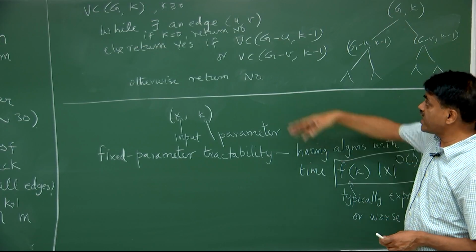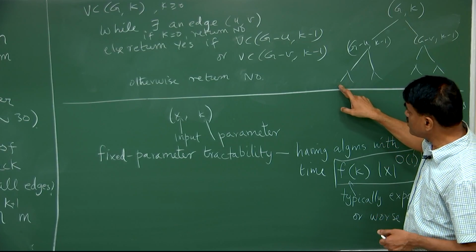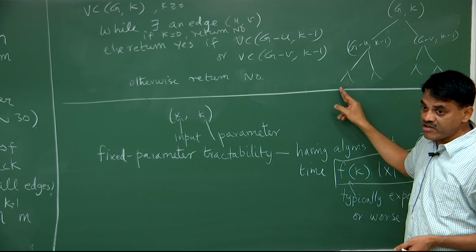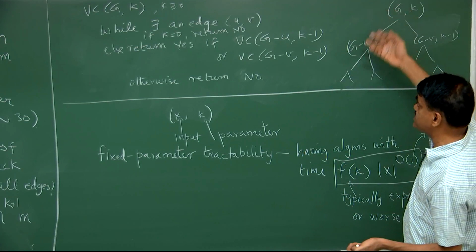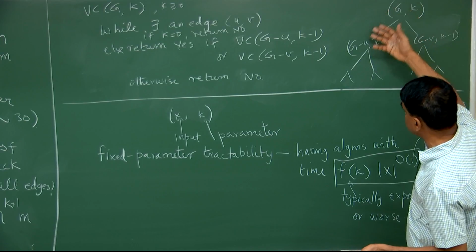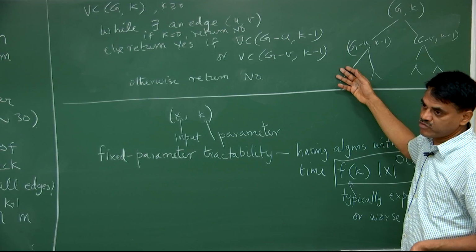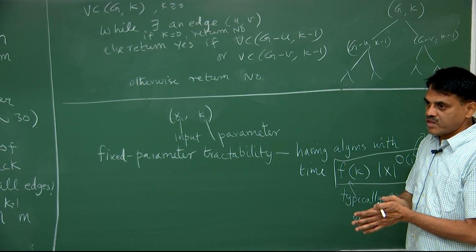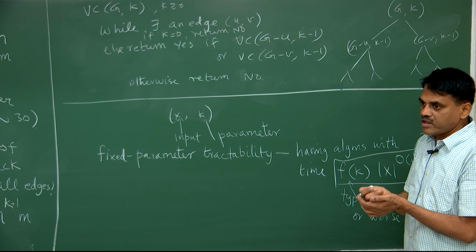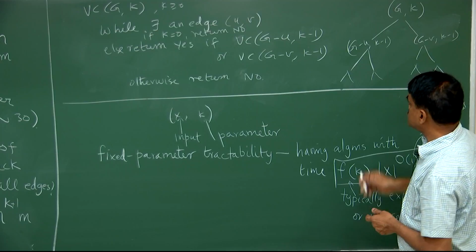Why? Because when k is 0, I'll get out. If k is 0 and there is still some edge left, then the answer is no. And if I've already covered all edges, I would have stopped somewhere in between, even before k becoming 0. That's a good case for me, that I don't even need my full budget. So this depth is k.